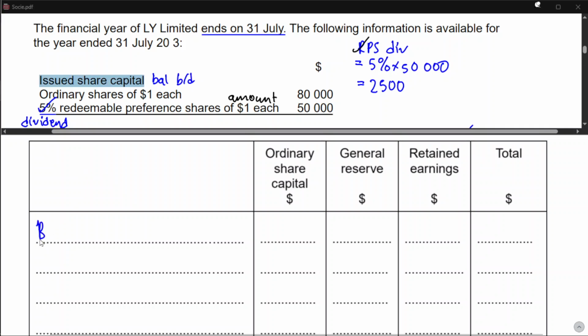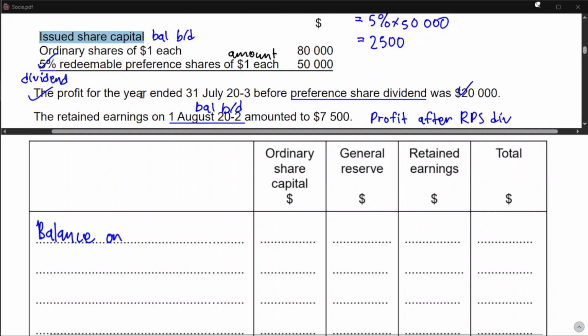Balance at, where's the date? 1 August 2012.